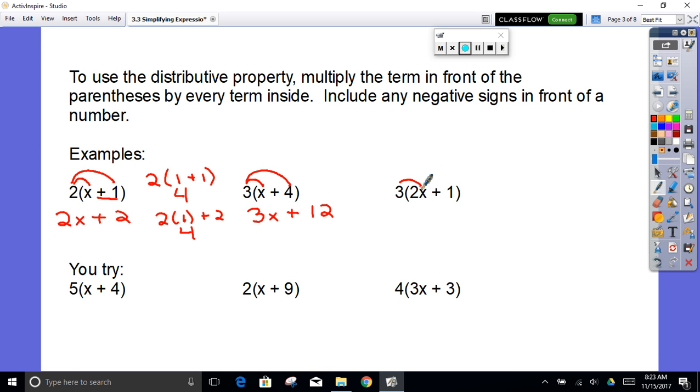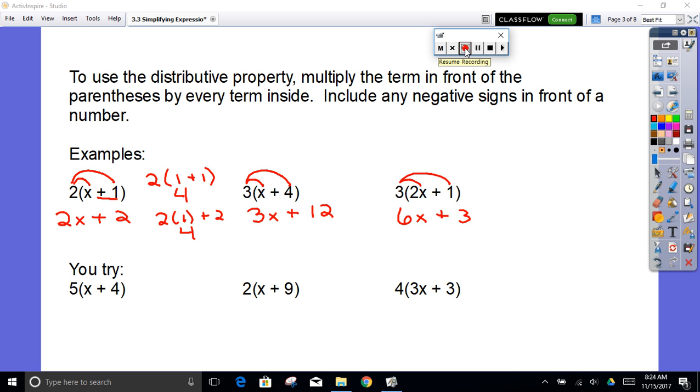Okay, and get 6x. Good. And then you would do 3 times 1. And then get 3. Good. Okay, easy enough. Go ahead and do the next 3, and then we'll talk about them.